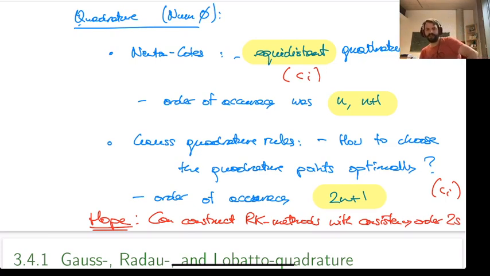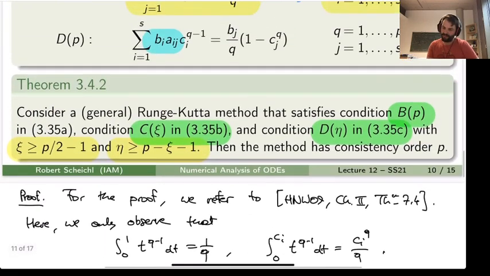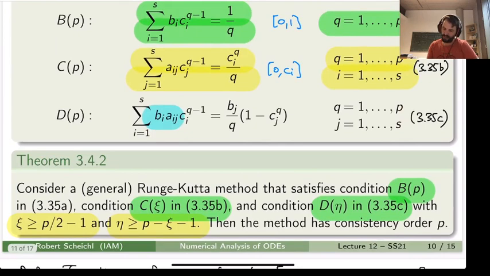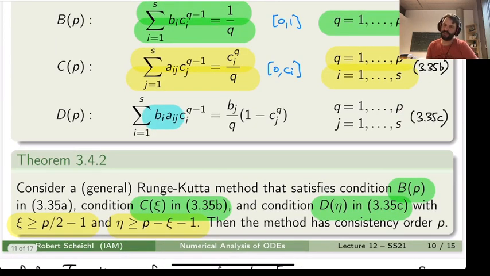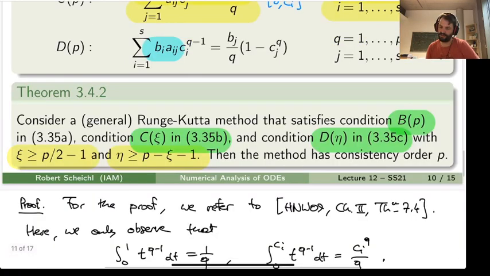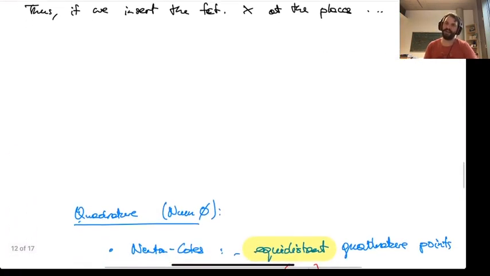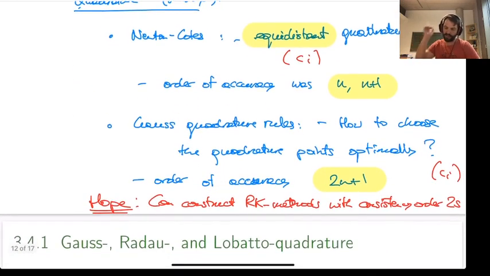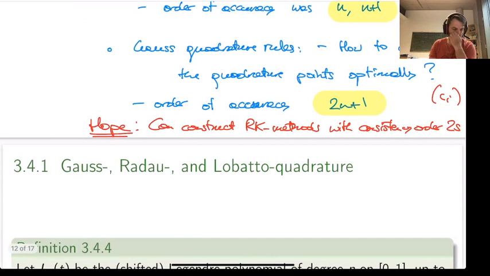So we hope that we can actually get consistency order that's twice the number of stages, because if the first condition is satisfied for all monomials up to order p minus 1, then we can get consistency order p. We have s stages, so we have s points, so 2s is the maximum we can hope for. Okay.